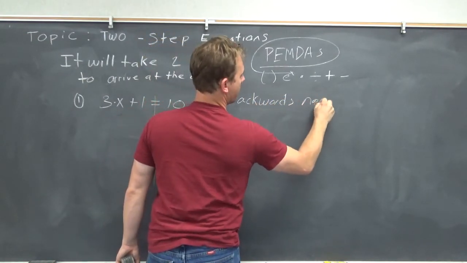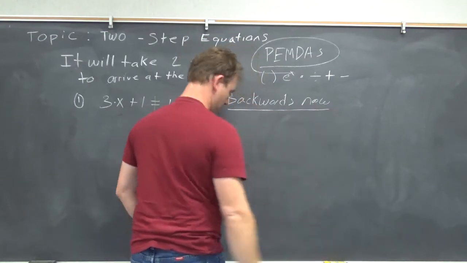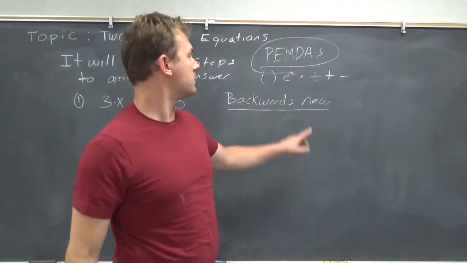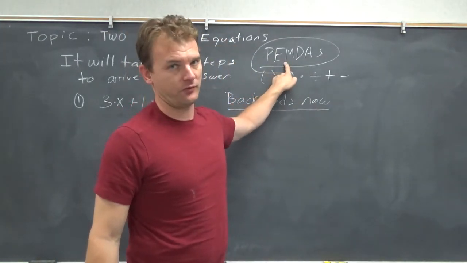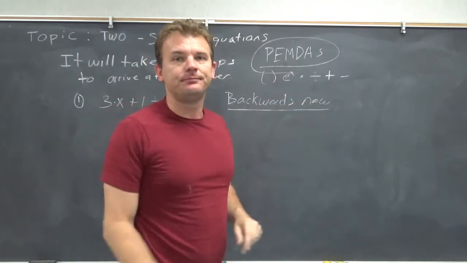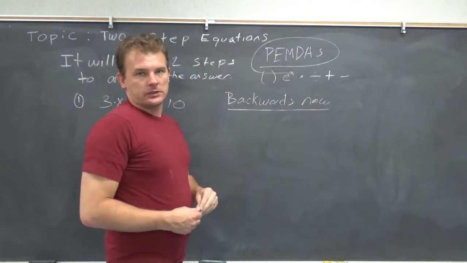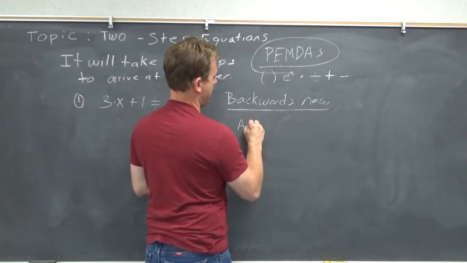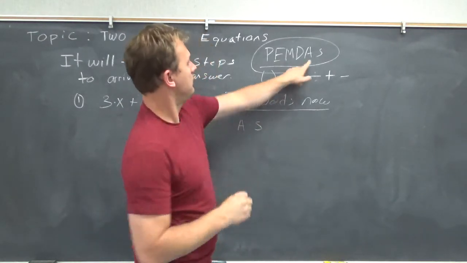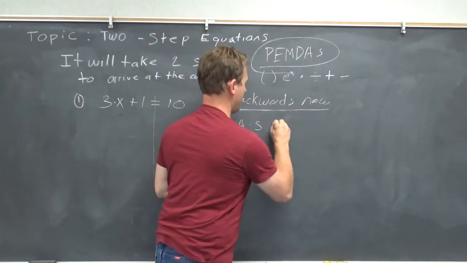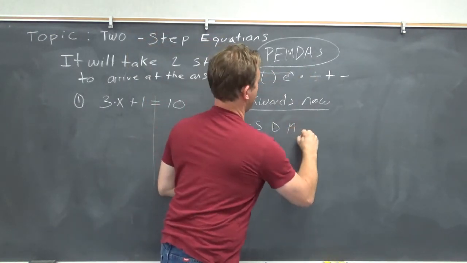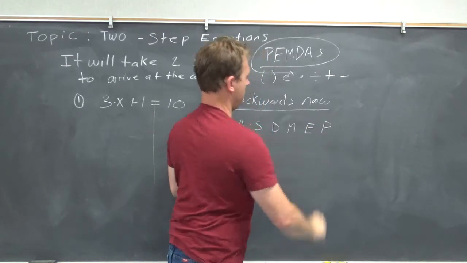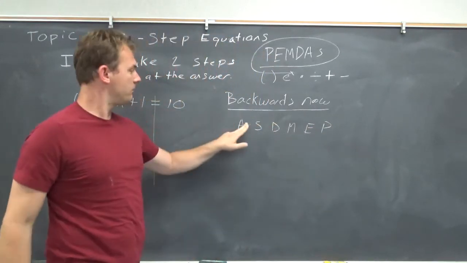And you'd be like, well, I wasn't confident on order of operations before. Sorry. So we're going to go backwards now: A, S, D, M, E, P. PEMDAS backwards.